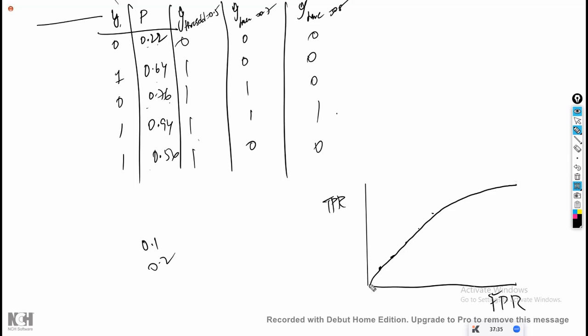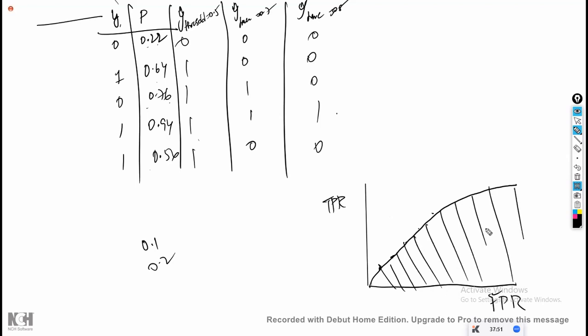We are going to take different threshold values, and based on them, we are going to draw a plot between TPR versus FPR. And we are going to calculate the area under the curve. The model which gives the maximum AUC is the best model.